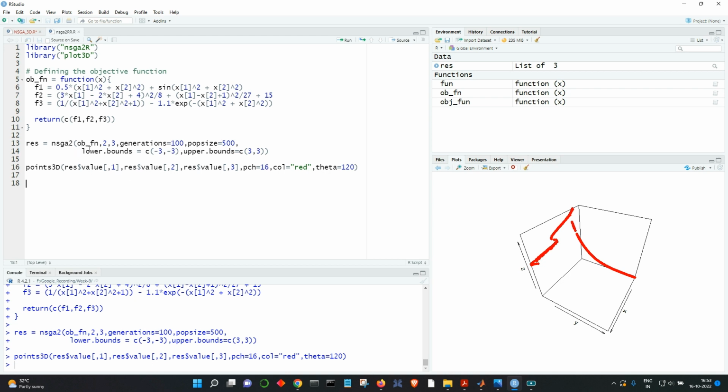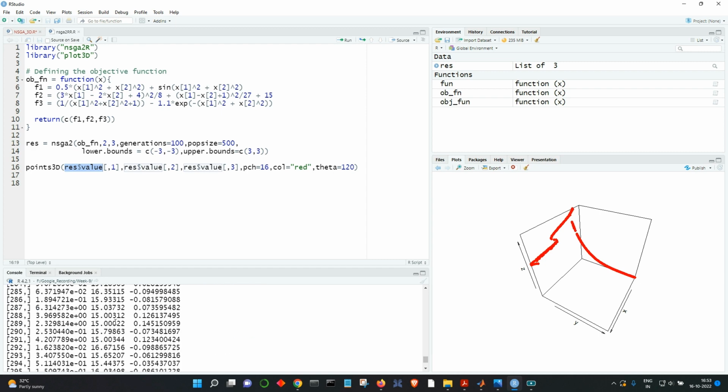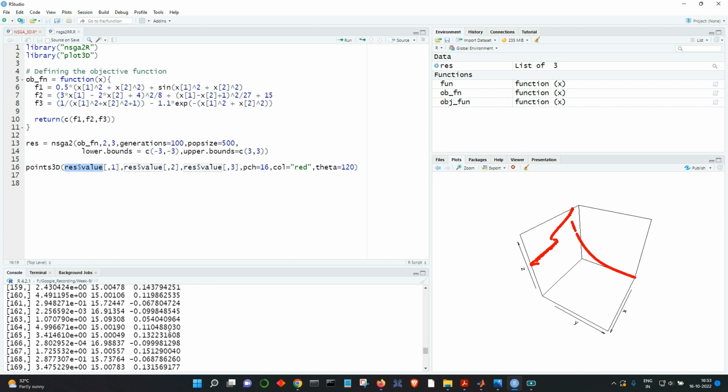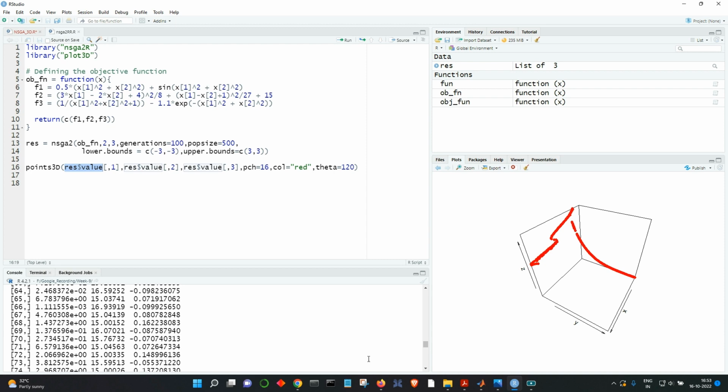And this is how you get the results. The value of the objective functions is stored in result dollar values, and you can see them. So this is the F1, this is the F2, F3, and this is kind of a Pareto front.